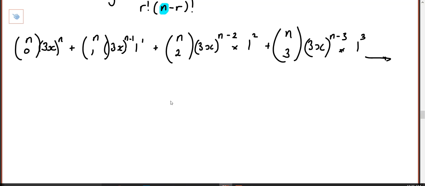How come it's not 3x plus 1? Any brackets? Because that's the basics of binomial expansion. We did it like day one, it's how you expand. Remember, if it was a plus b to the power of 4, it's a to the power of 4 plus a cubed b plus a squared b squared and so on, yeah?